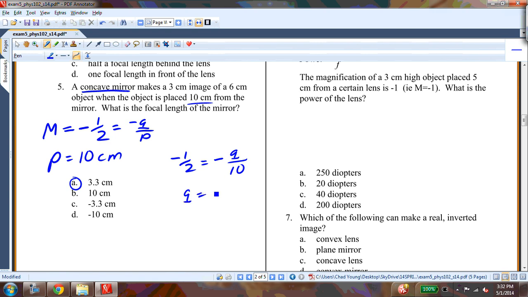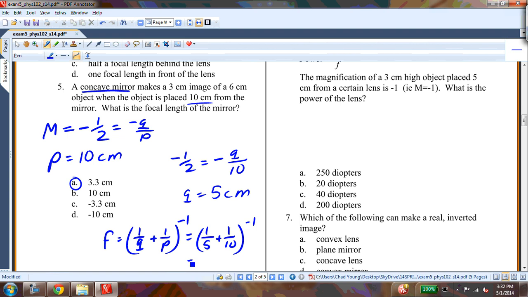So Q is equal to 5 centimeters. Then I can find the focal length. 1 over F is 1 over Q plus 1 over P, so that's 1 over 5 plus 1 over 10. Taking the inverse, F is going to be 10 divided by 3, which is 3.3 centimeters. So the right answer here is going to be A.